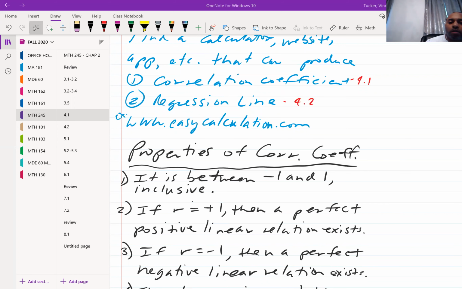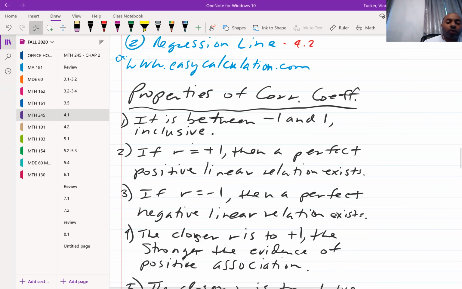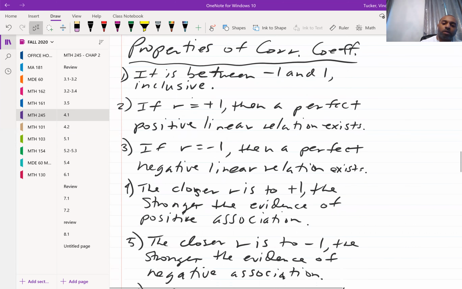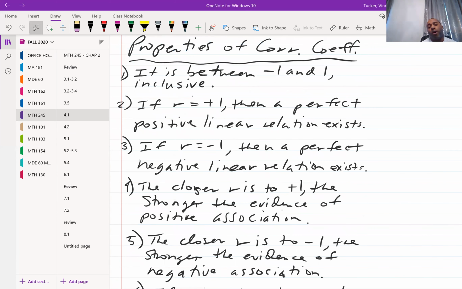Number 4, the closer R is to +1, the stronger the evidence of positive association. Number 5, the closer R is to -1, the stronger the evidence of a negative association.